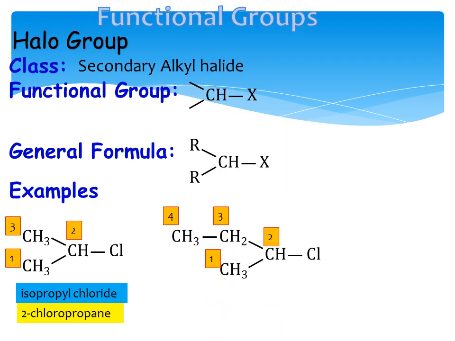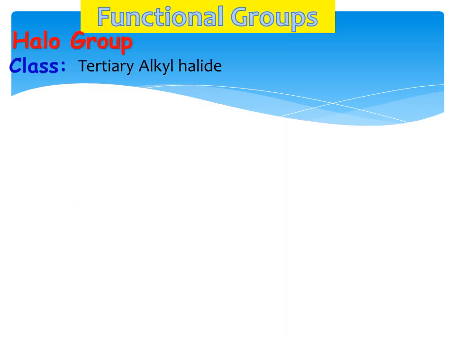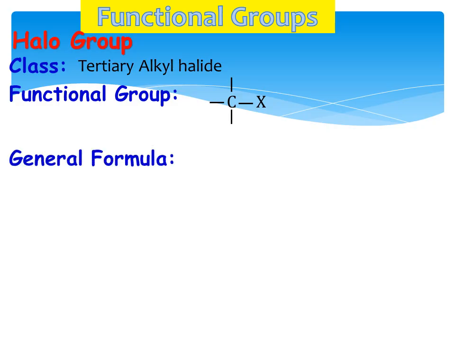Another example is secondary butyl chloride. You have to number it from the right side, which gives the second position to the chloro group. So 2-chlorobutane is the suggested name. The third option is the classification tertiary alkyl halide, where the carbon which is attached with X is further attached with three other carbons. In case of the functional group, it has a spare valency.